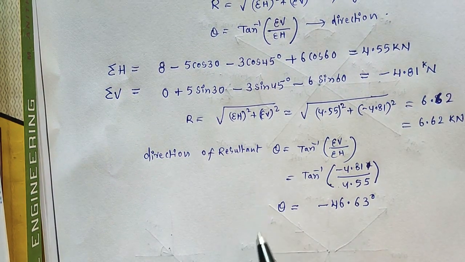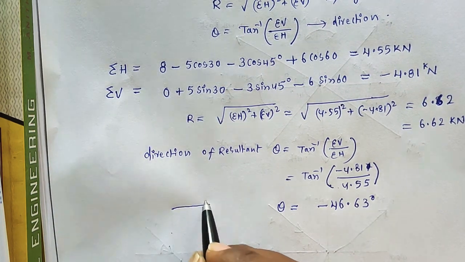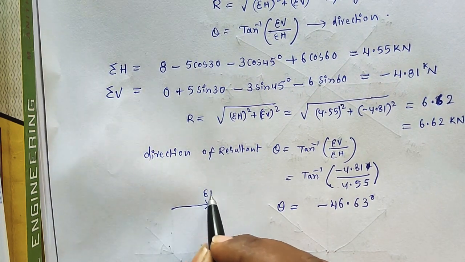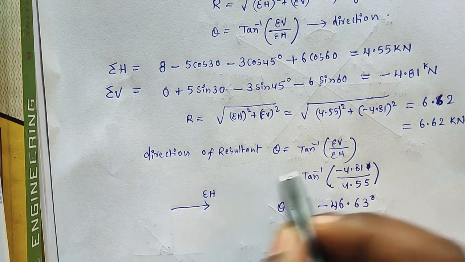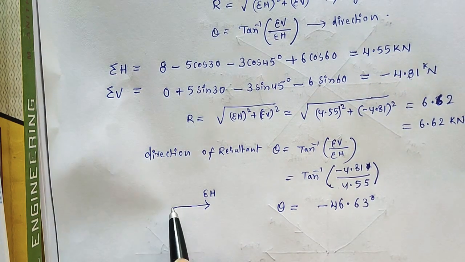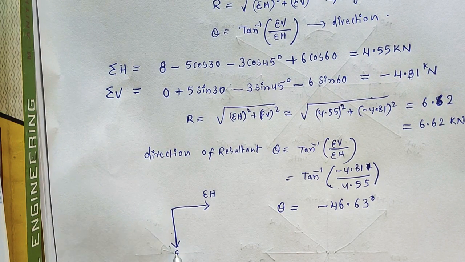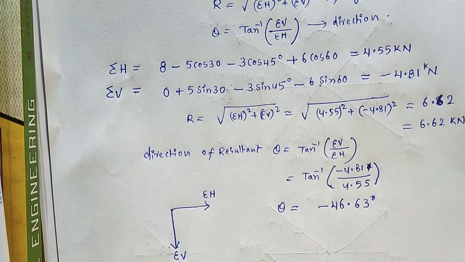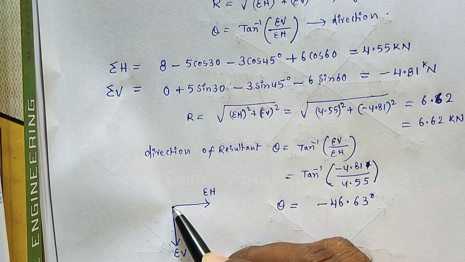So here sigma h is 4.55 kilonewton, so positive. Sigma v is minus 4.81 kilonewton, so minus means you have to draw the downward direction. So this is sigma v, and the resultant will be here.